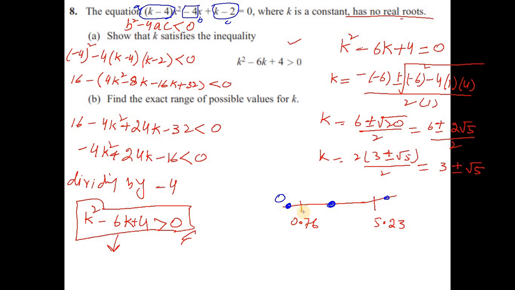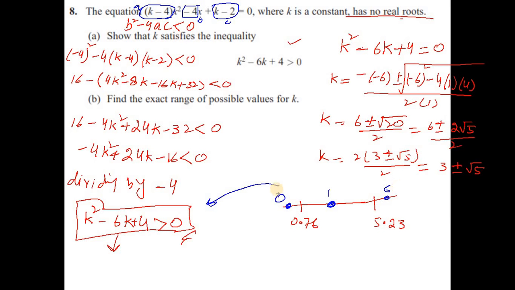Between 0.76 and 5.23, I can take any number, let's say 1, and more than 5.23, let's say 6. So the idea is I will substitute all the numbers one by one in this inequality and check whether the inequality is true for any of these numbers.